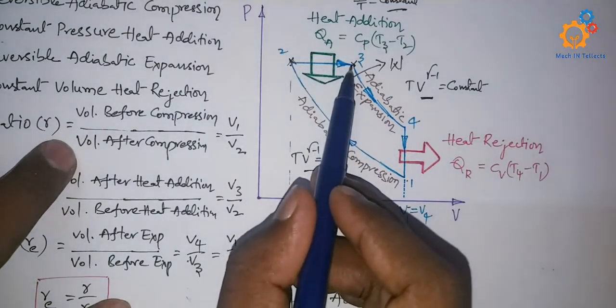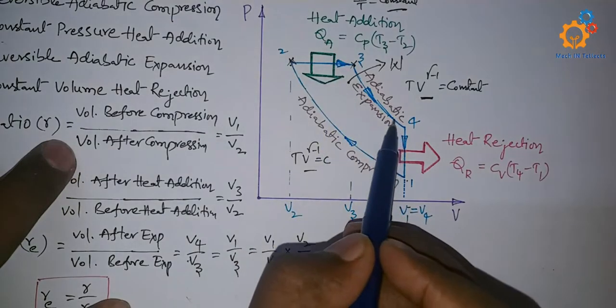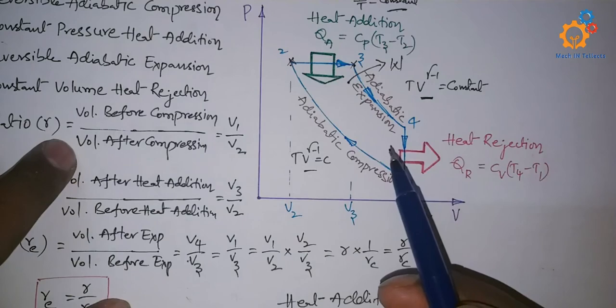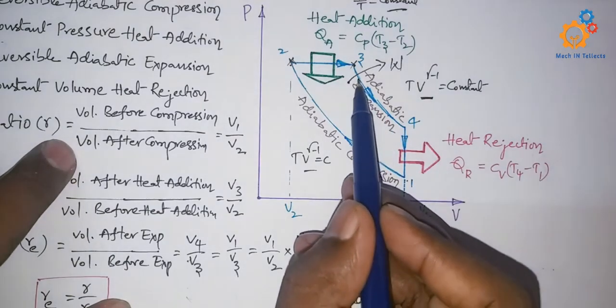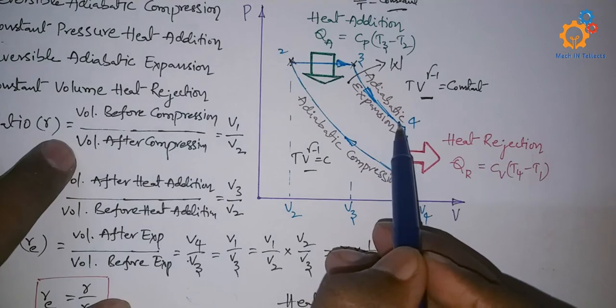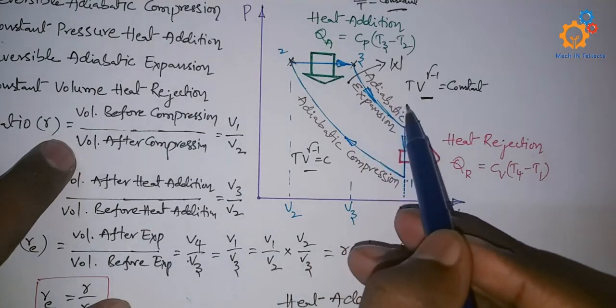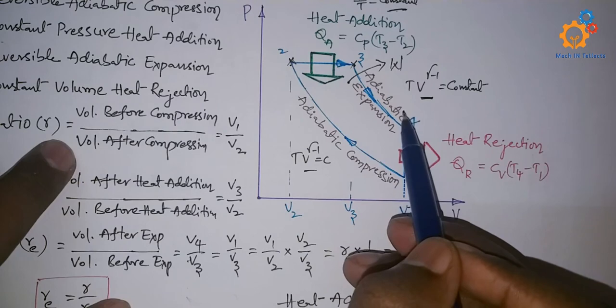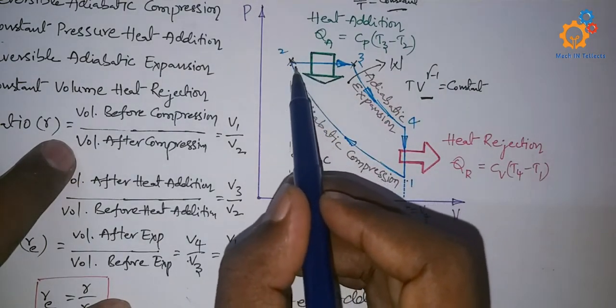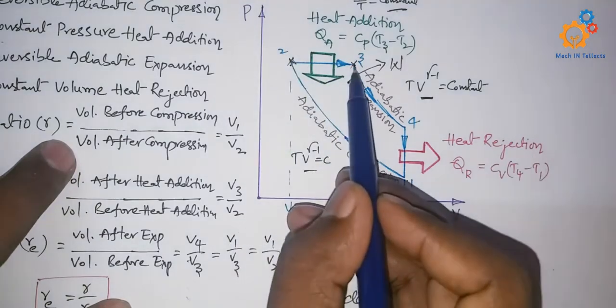If the expansion process is longer than this, you will get more useful work. If you have a shorter expansion process than this, you will get less work. You understand me? Now let's discuss this cutoff ratio.